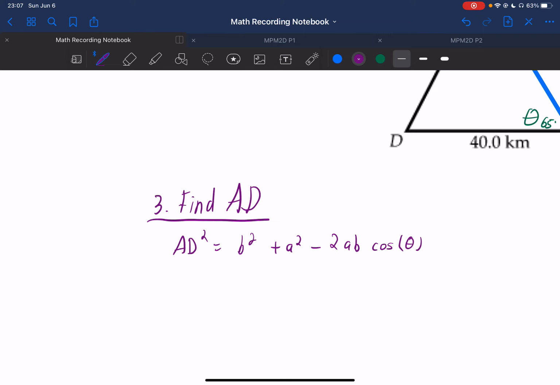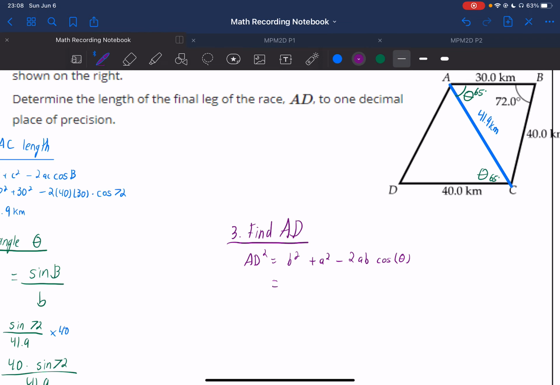We're going to continue using theta because that's what I called it earlier. So we put in what we know. Our B is the 41.9 squared. Our A is the 40 squared minus 2 times 41.9 times 40 times cos 65.